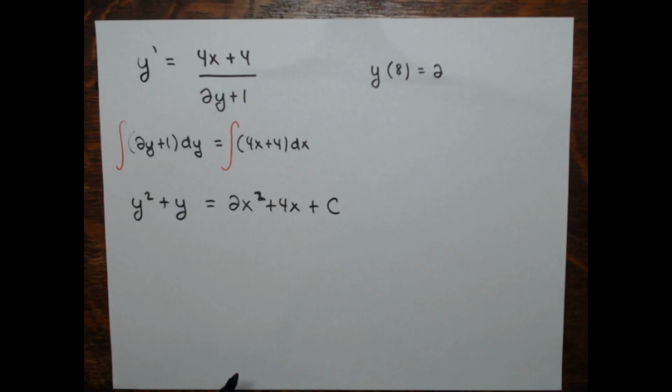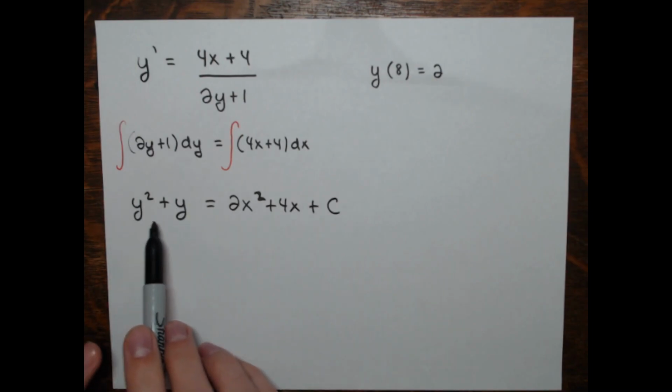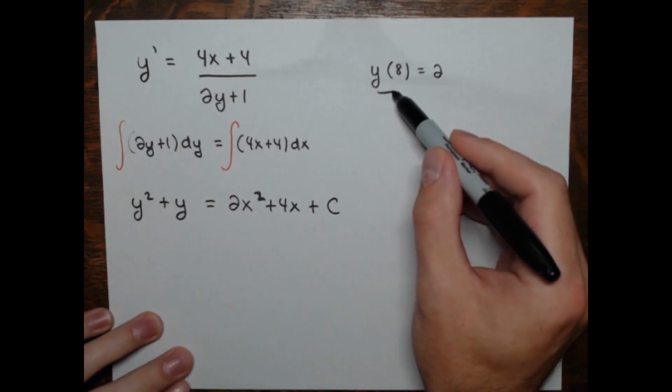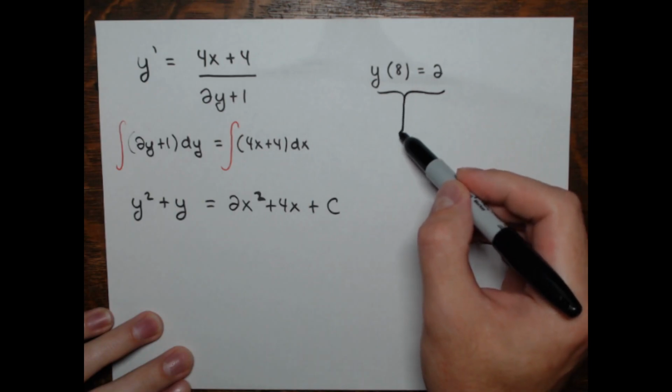Okay, so again, they're not asking us to solve this for y, right? You have a quadratic in y. Now you could apply the quadratic formula, but that'll be pretty complicated looking. So we're not doing that, and they're not having us do that.